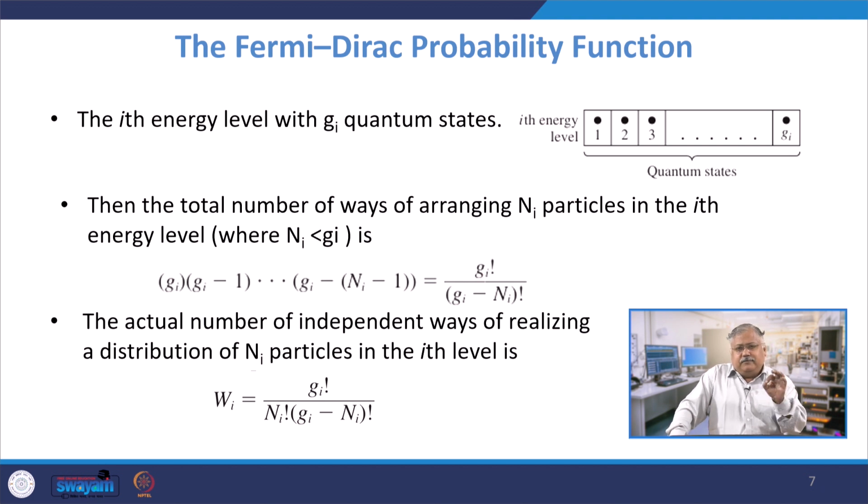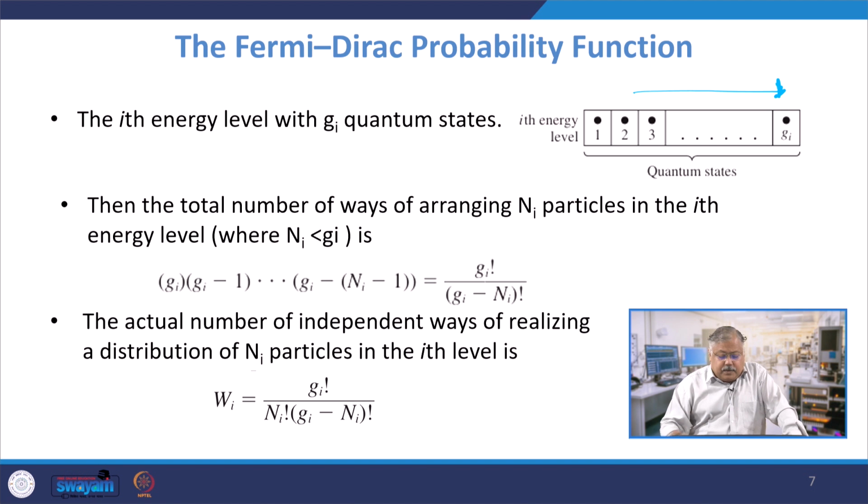So suppose this is the ith energy level, and I am talking about the number of Gi quantum states available in the ith energy level, and in it you have levels 1, 2, 3, 4, 5, 6, so on and so forth till Gi, right, and this can be found out by our previous discussion. Then the total number of ways of arranging Ni particles in the ith energy level is given by this formula.